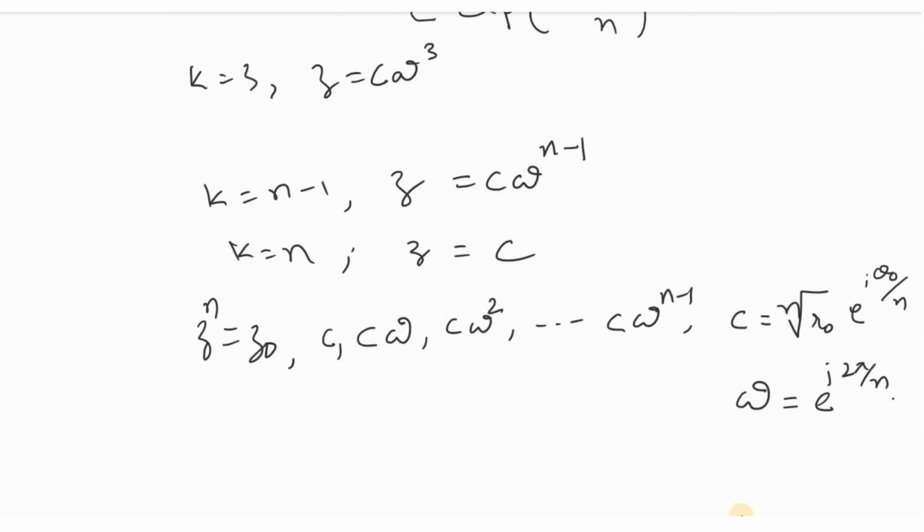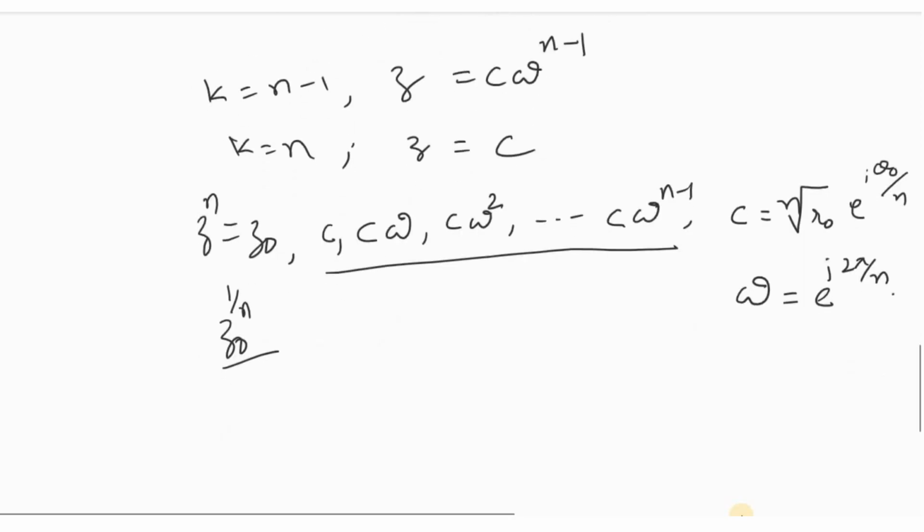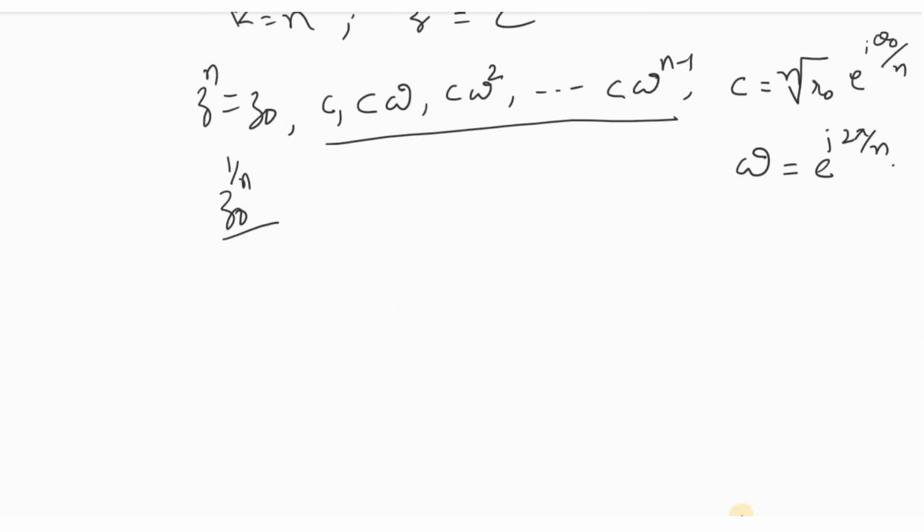So in short, if you want to find the nth root of z0, the roots are in this form. With that we can have some examples.